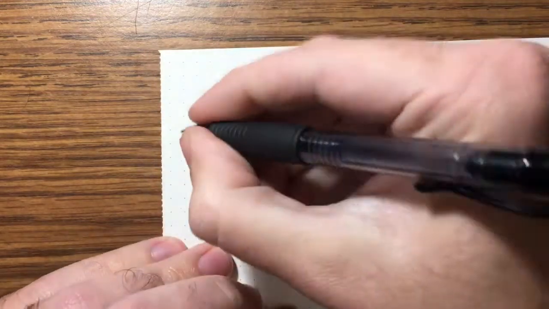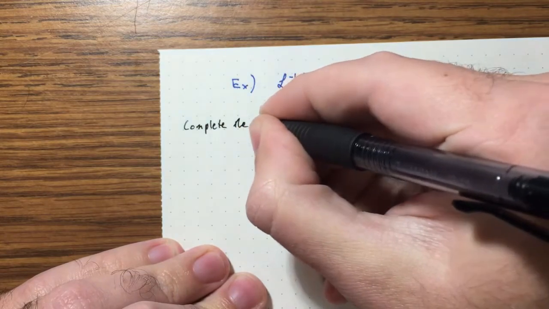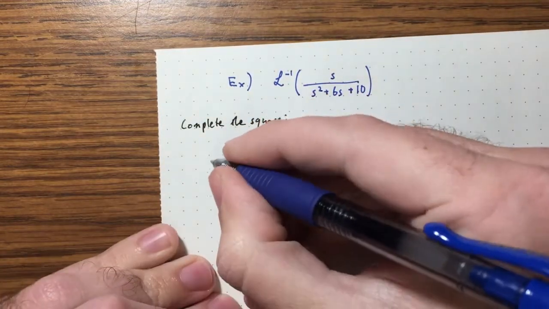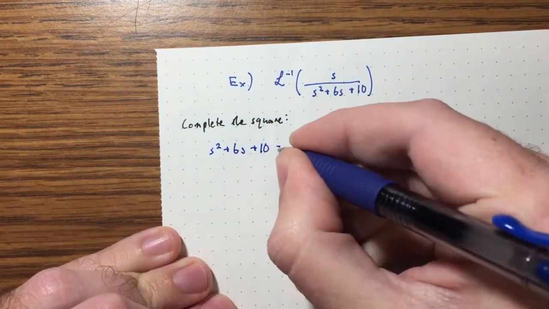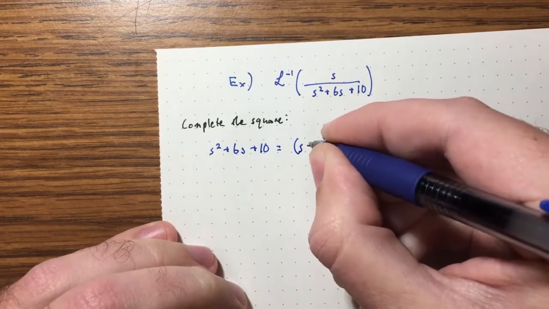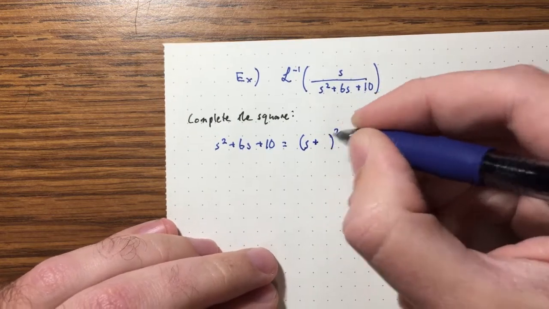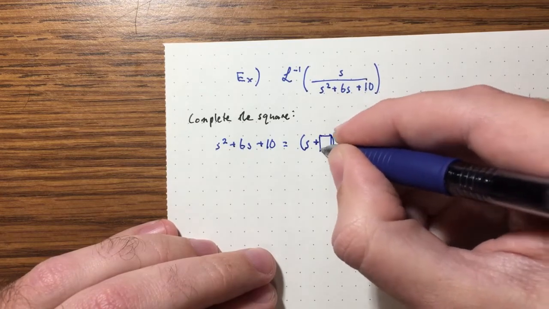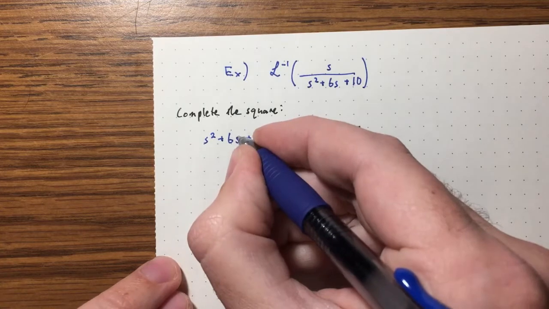Completing the square: we have a quadratic, and you can always write that in this form: s plus or minus something, squared, and then plus or minus some number. It's not hard to find what those numbers have to be.